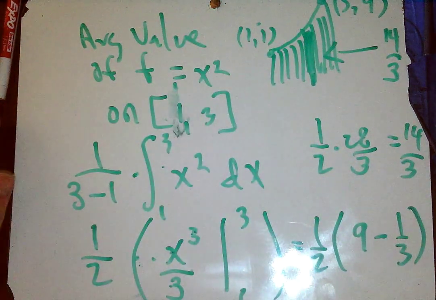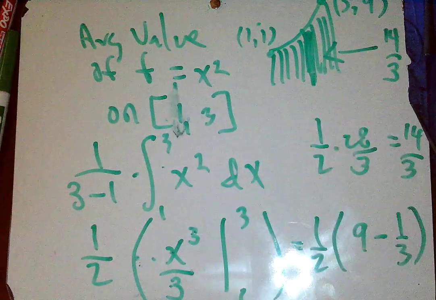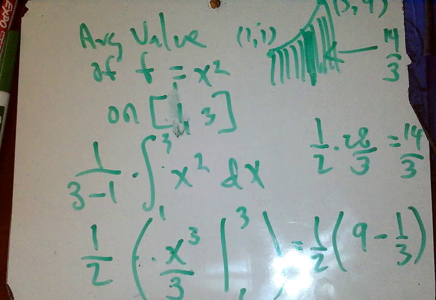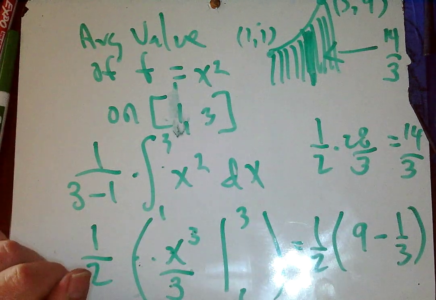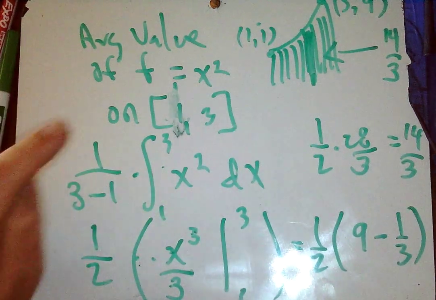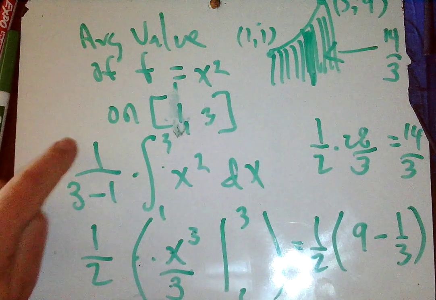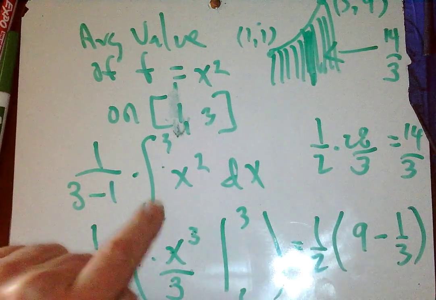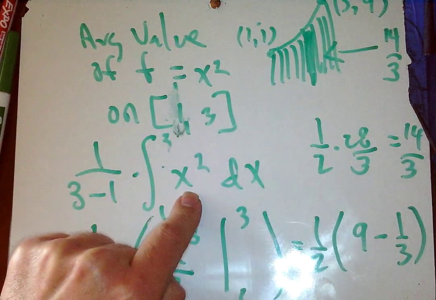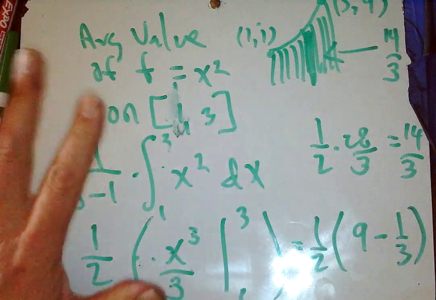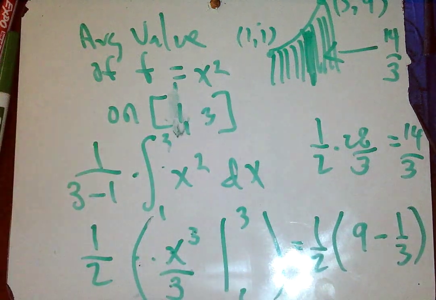Okay? So, average value of the function, I use the average value formula. That's what I've got here. I'm going to use the average value formula. The average value formula is simply 1 over b minus a, integral a to b of that function. Okay? This is the average value of the function.